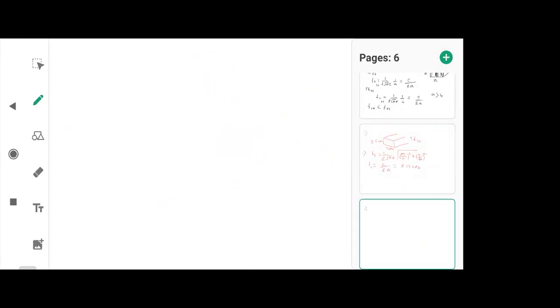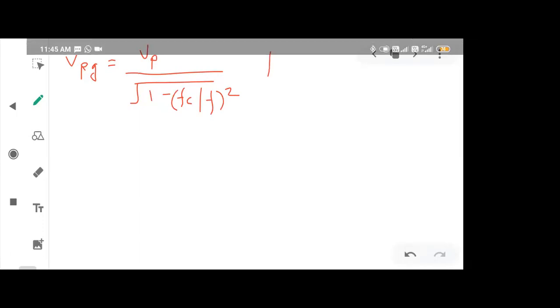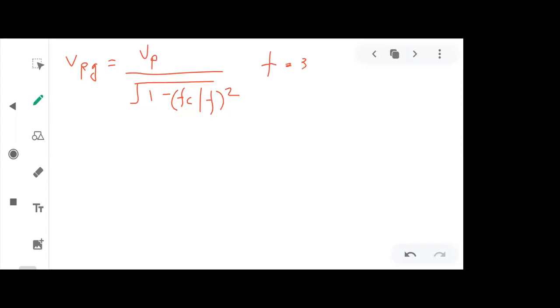Now, phase velocity inside a guide is given as the phase velocity in a given medium divided by root of 1 minus (fc by f) the whole square, where fc you have calculated. So f is given. It is 3.5 gigahertz.